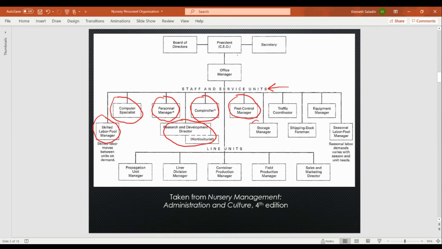All right, and then kind of moving to the right of the pest control manager, we have the storage manager. So what we're referring to here is the storage of any plants that are in refrigerated cold storage. So managing all those plants to make sure they're remaining healthy while they're in storage.